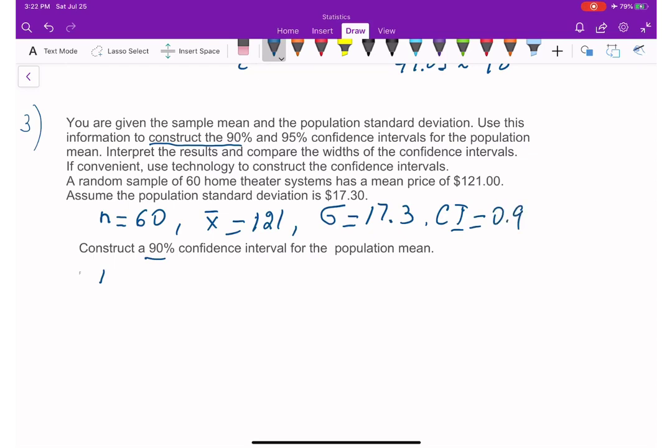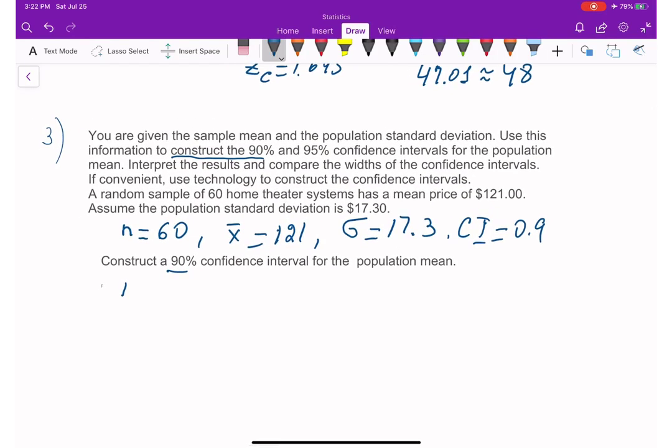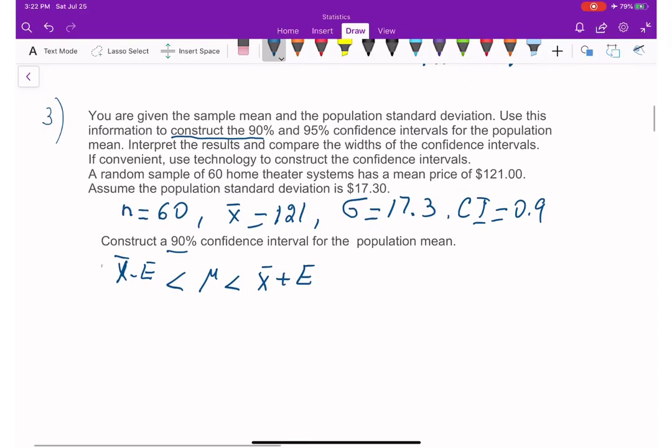Okay, so again we are starting backward, so we need to find the confidence interval for the mean. So the population mean is greater than x bar minus error and less than x bar plus error. So x bar we are given, right? All we need is to find the margin of error. So margin of error is equal to z critical times sigma over square root of n.